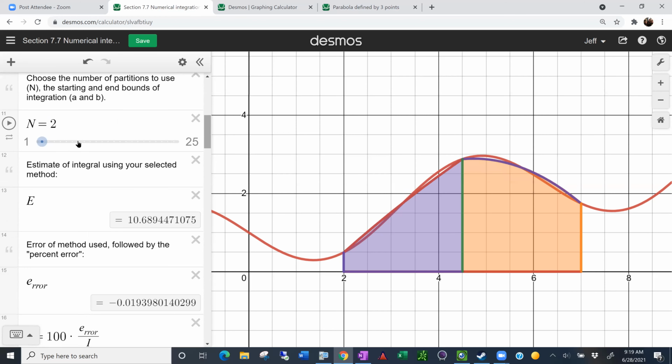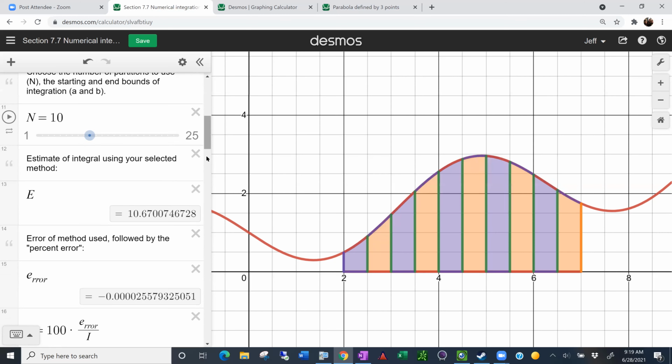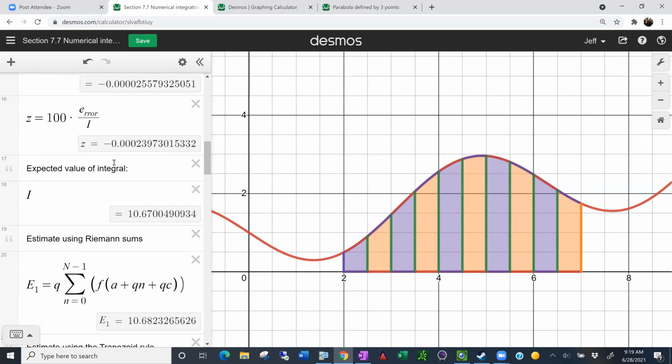If we dial it up to like 10 intervals, that's pretty amazing. So that's our error, less than 0.3/10,000%. That's really good. So this is just an example of a numerical method.